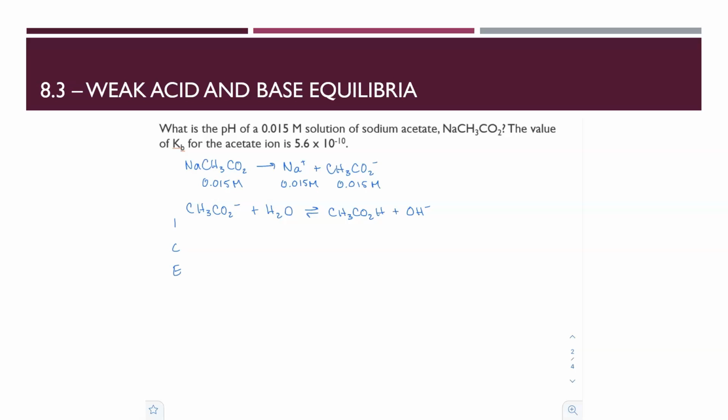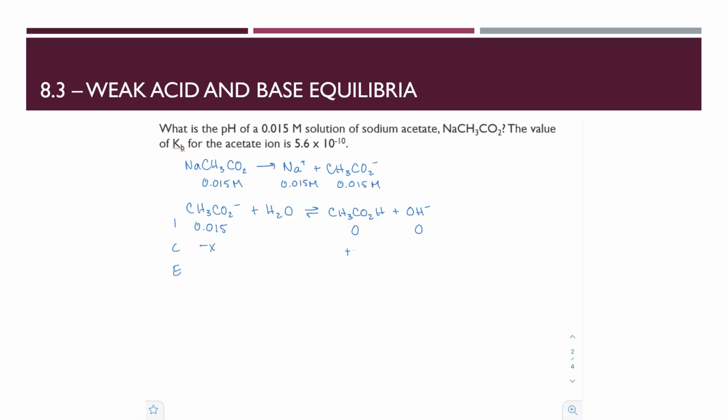We made the assumption from our first step that everything dissociated, which means that we know our initial concentration of our acetate ion. So 0.015. We have no acetic acid and we have no hydroxide to begin with.